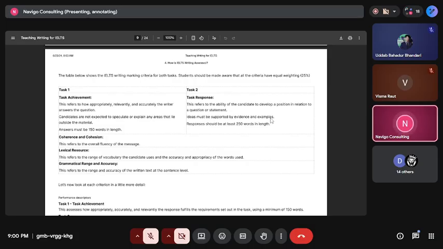And another marking criteria after task achievement and response is coherence and cohesion. Now, this is very important, coherence and cohesion, right? Coherence and cohesion means overall fluency of the message. Has anyone heard about coherence and cohesion before?